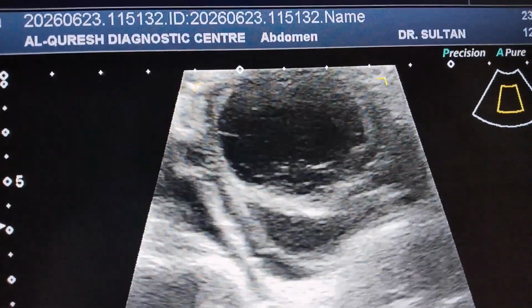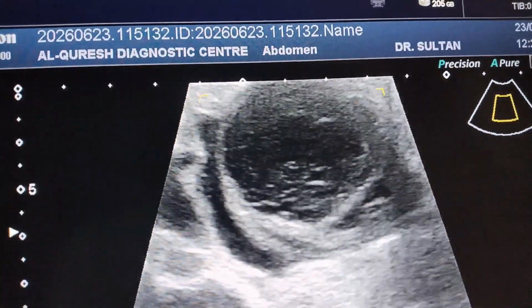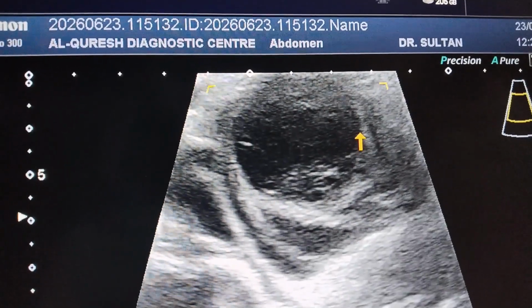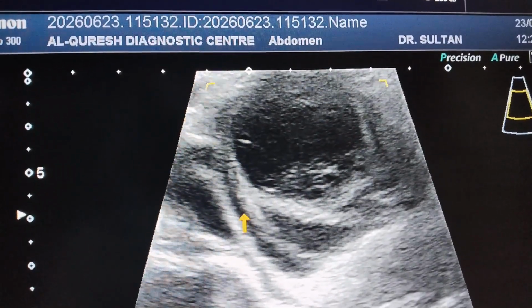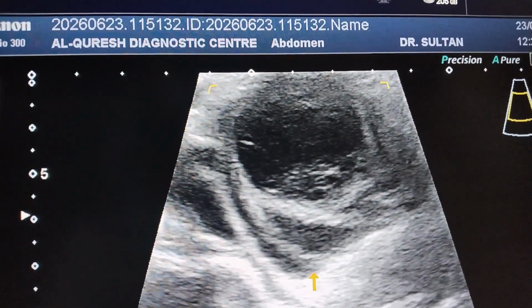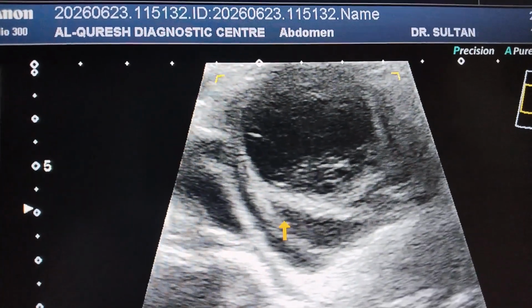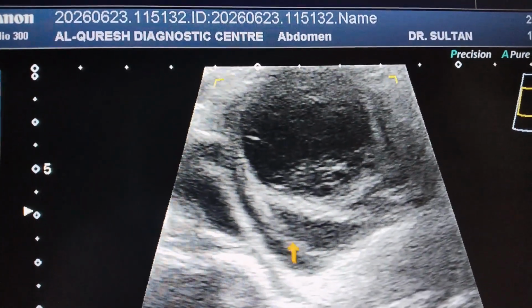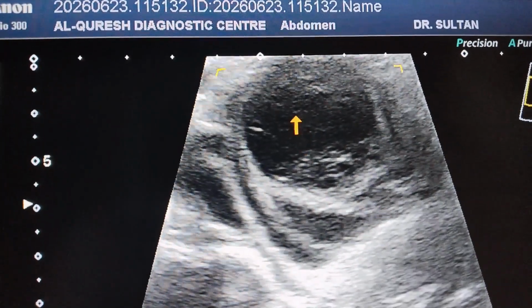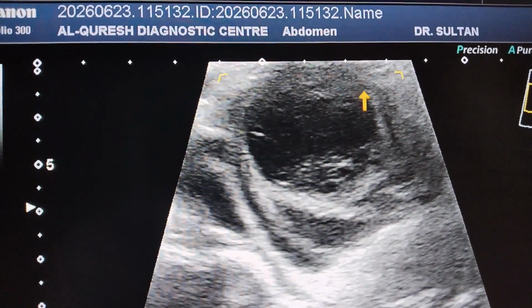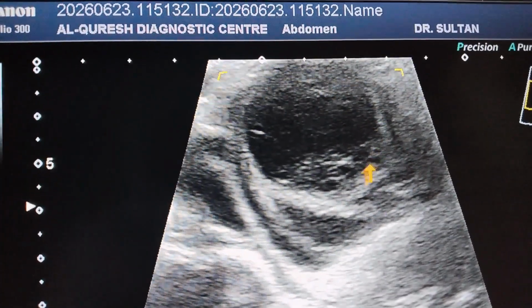Now I'm going to zoom the image to have better appreciation, and here we cannot see any septation. This is the boundary of the cyst, and this is the free fluid, and this is the pelvic tissue, and this is the boundary of the cyst, which is mildly thick walled.